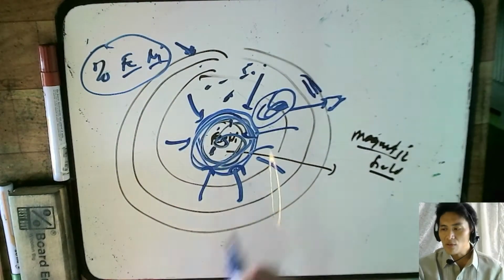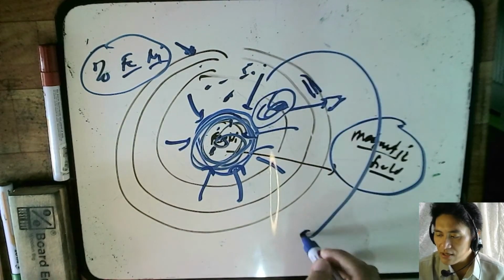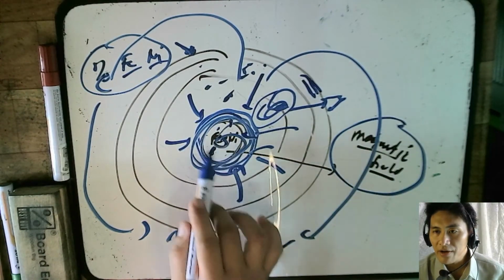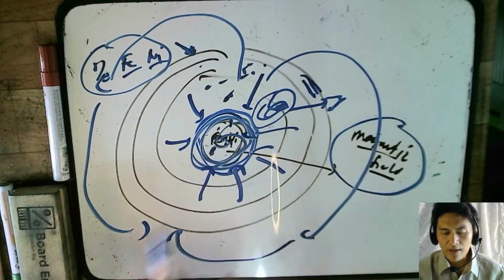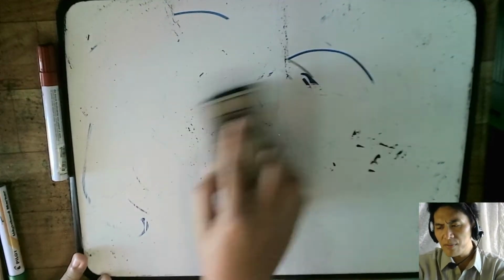And in fact, that also supports the idea of the magnetic field, because a magnetic field surrounding the Earth tells you that you should have an iron core at the center. For those of you wondering why it would be at the center, you may not understand that.